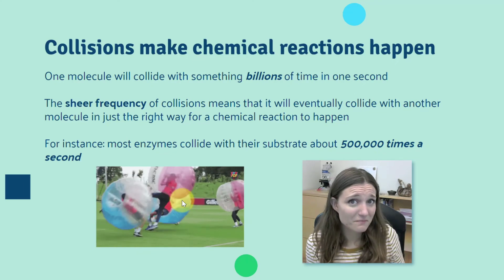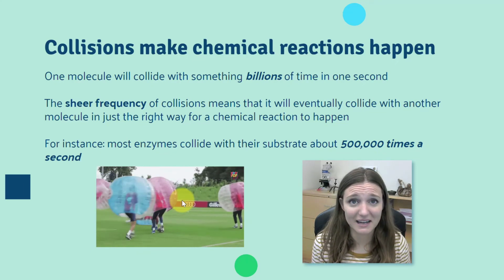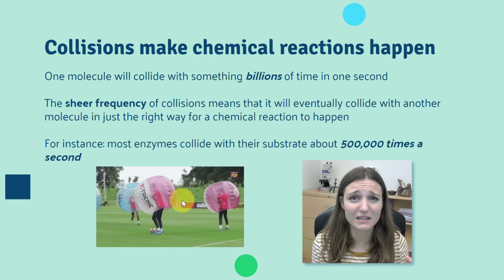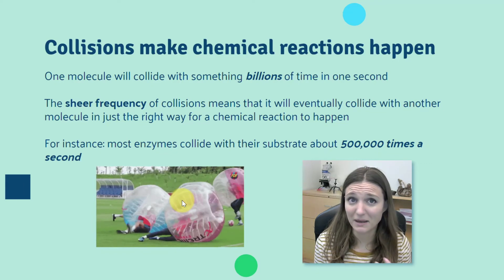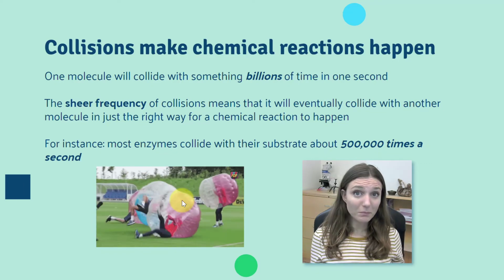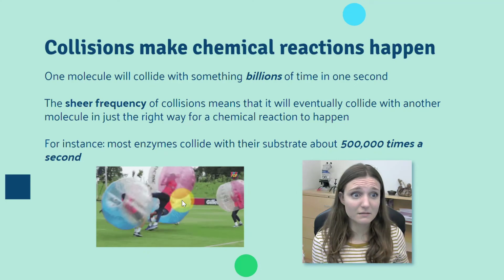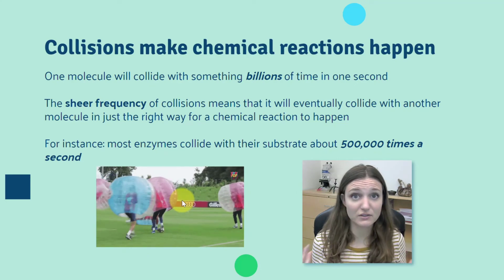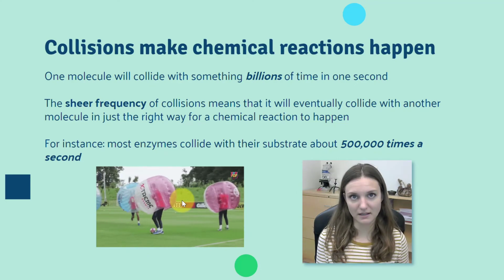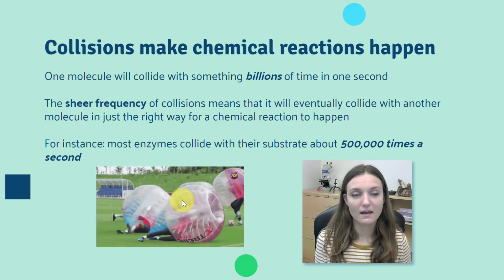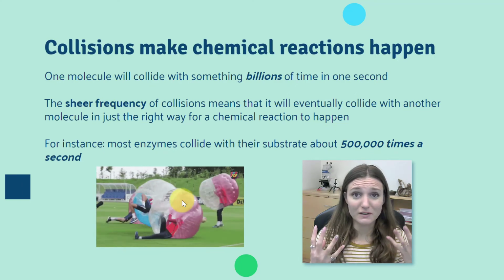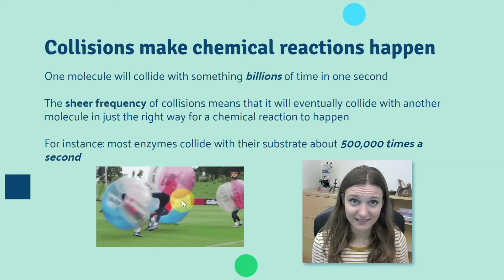So an enzyme, like, last week in our proteins lab we talked about the enzyme amylase, right? It would bump into its substrate just randomly, just by chance, because everything is moving so quickly, 500,000 times a second, okay? So things are just moving very, very quickly inside of a cell.